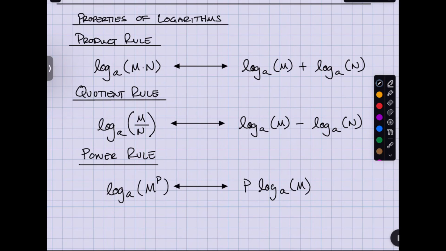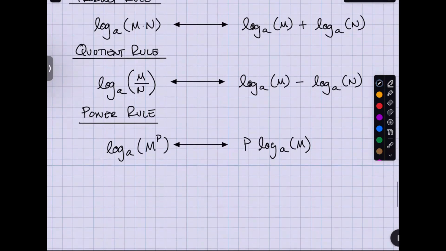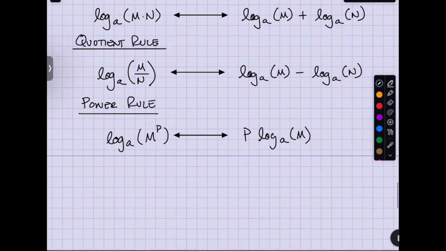Or the power rule will be used, and then the next step will be the product and quotient rule as part A, part B. Does that make sense? So it is these two, then this, or this, then these two. That all depends on expanding versus condensing. Any questions there? Nothing? Okay.